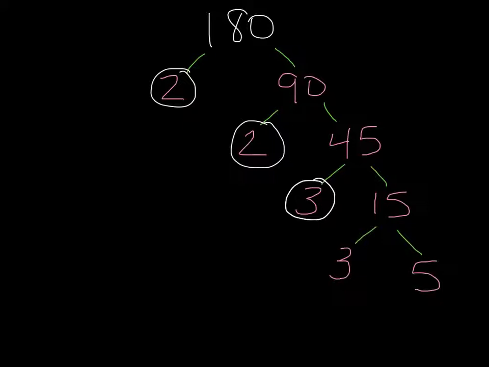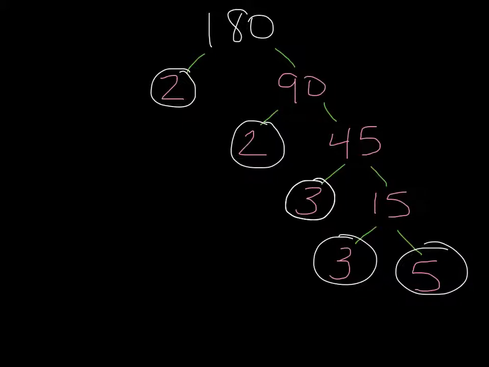Now we have to look at both of these numbers, 3 and 5. Are either of these prime numbers? Yes, 3 and 5 are prime numbers. So the prime factorization of 180 is 180 equals 2 times 2 times 3 times 3 times 5.